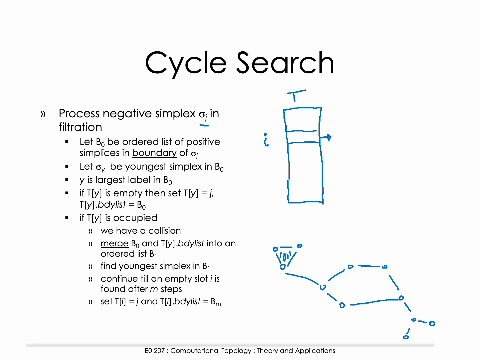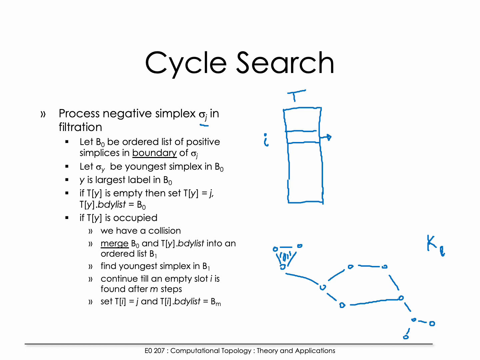So this is our k sub L. What we want to talk about now is a negative simplex sigma sub j, and I want to use a 2 simplex for sigma sub j.